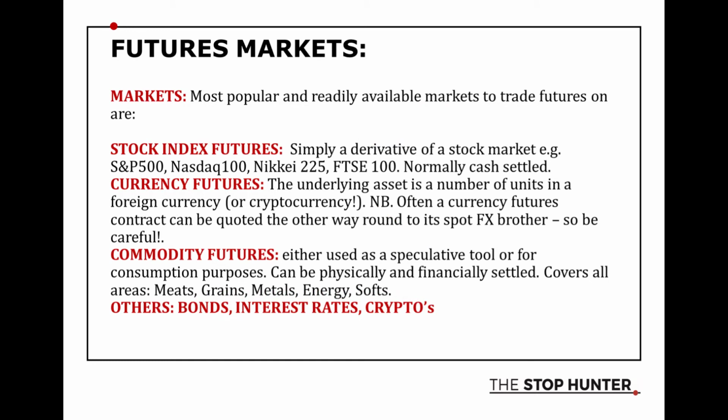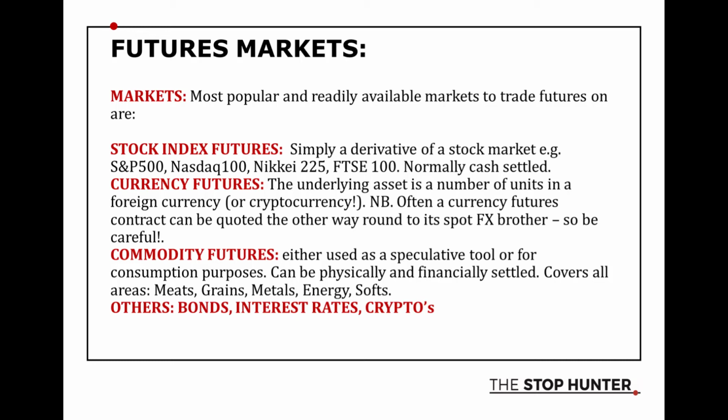Well, we've got something called stock index futures. That's like the stock market, like the S&P 500, the Nasdaq 100, in Japan the Nikkei 225, FTSE 100 if you're in the UK, DAX if you're from Germany. They're normally cash settled. We've got currency futures, so we can even do it on Forex pairs like US dollar against the Japanese yen, the pound against the dollar, the Australian dollar against the US dollar.